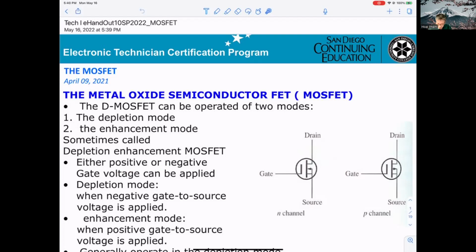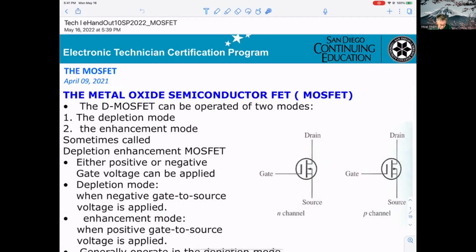Looking at the symbol for the MOSFET, one is the N channel and the other is the P channel, with one arrow coming in and one arrow coming out. Depletion mode is when negative gate-to-source voltage is applied.